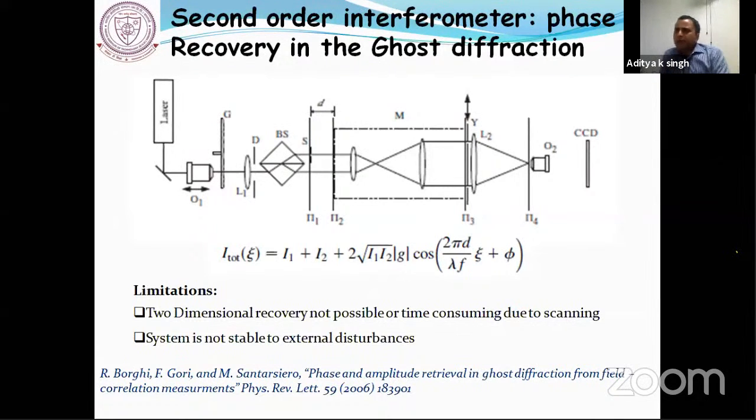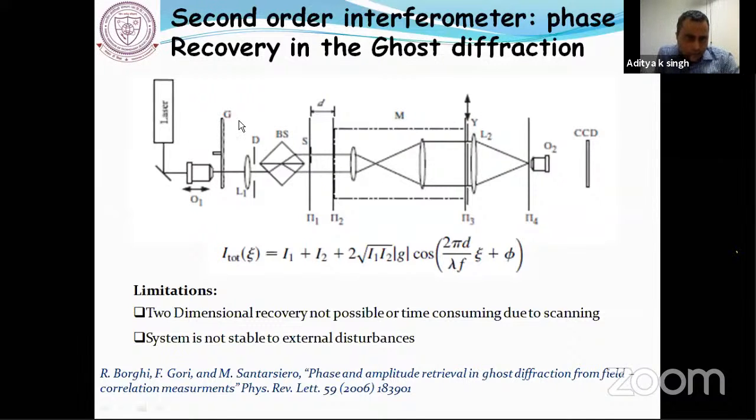Phase recovery is a very well-known problem, even in coherent optics and optics based on correlation techniques. A research group led by Professor Gori proposed a solution to overcome the phase recovery problem.